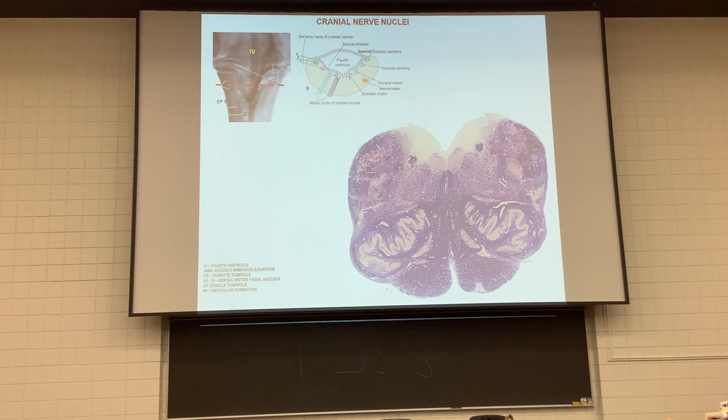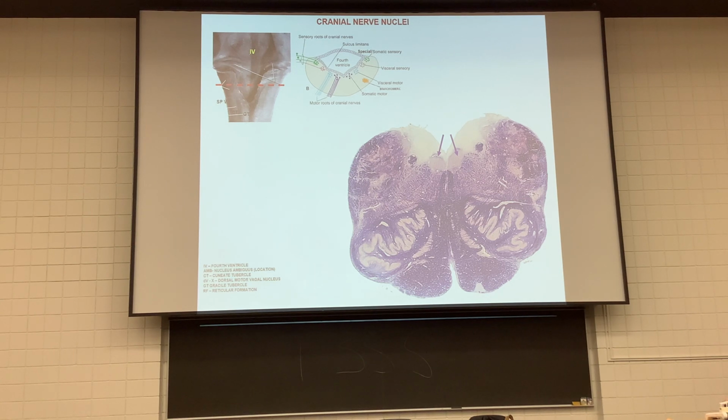Okay. So, here's an arrow. And it's pointing at what looks like a defined, rounded structure, and it's right on the midline. So functionally, what should you think those neurons are involved in? Somatic motor.